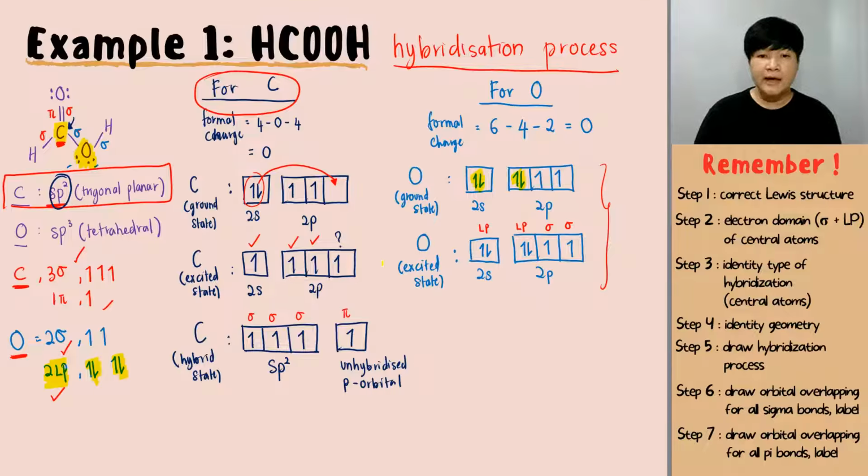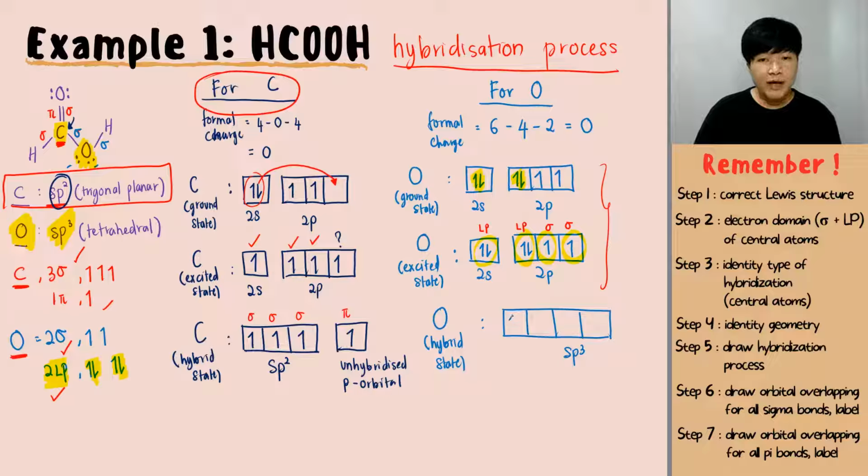Okay? Next, oxygen as the central atom, we have determined that the hybridization is sp3. sp3 means we are taking 1 from the S and 3 from the P. Therefore, the oxygen hybrid state over here will be sp3.